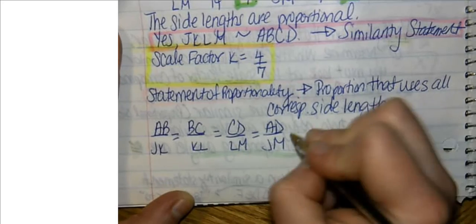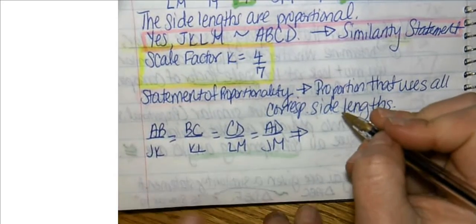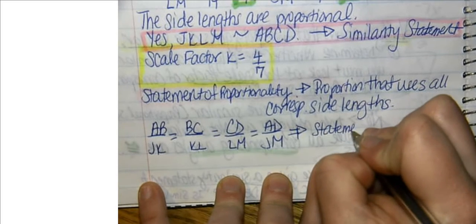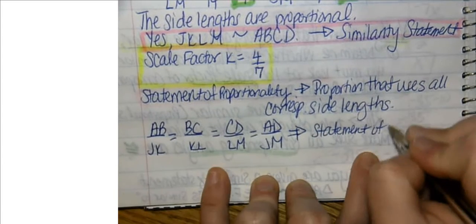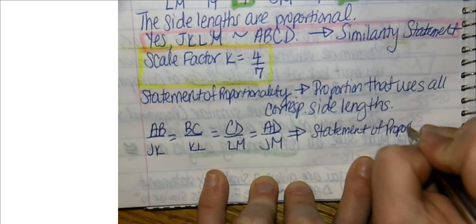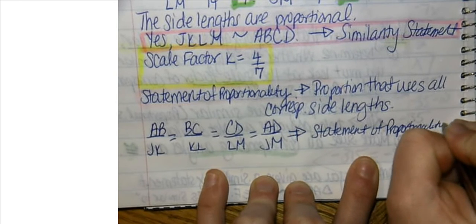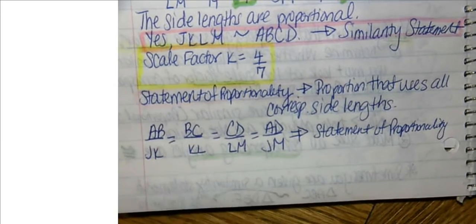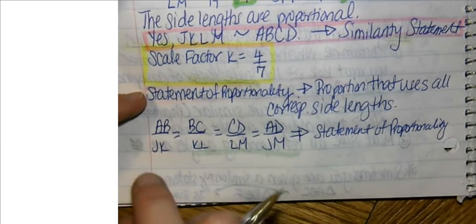This is known as a statement of proportionality. It's where you take all of your corresponding side lengths, write fractions, and be consistent.